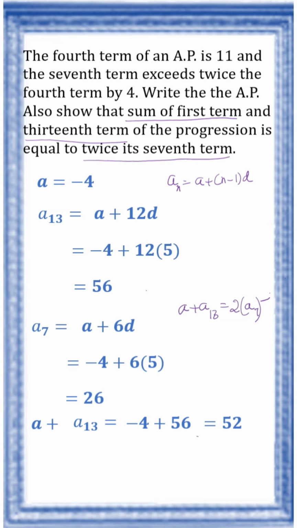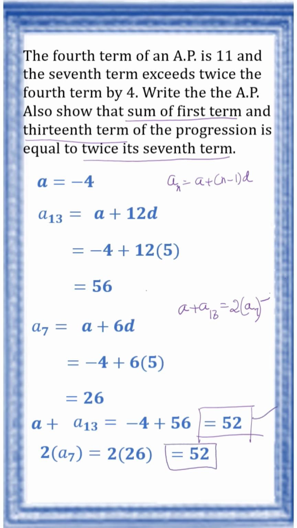Now keep the result like this, put a box to highlight this one. And twice the 7th term, 2 into a7, 2 into 26, that is equal to 52. So this is equal to this. Hence proved.